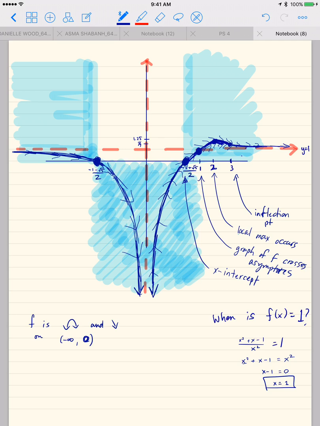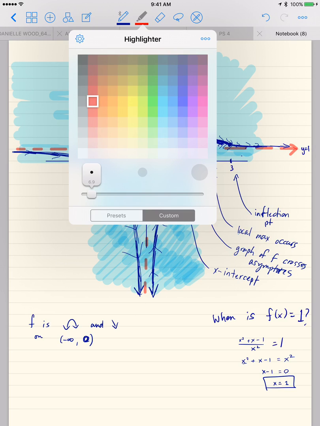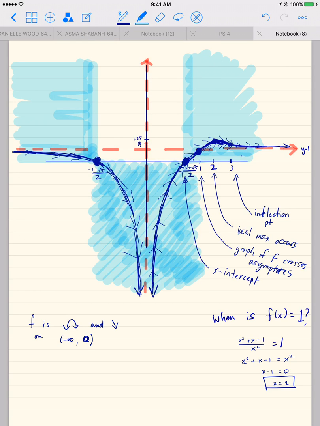Okay, so I think I want to just highlight just a tad bit more for us to describe what's happening. So 3 is important, 2 is important, 0 is important, in terms of concavity.